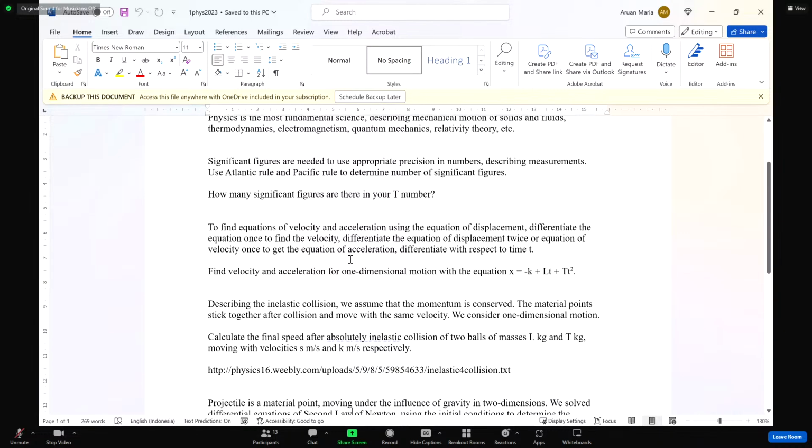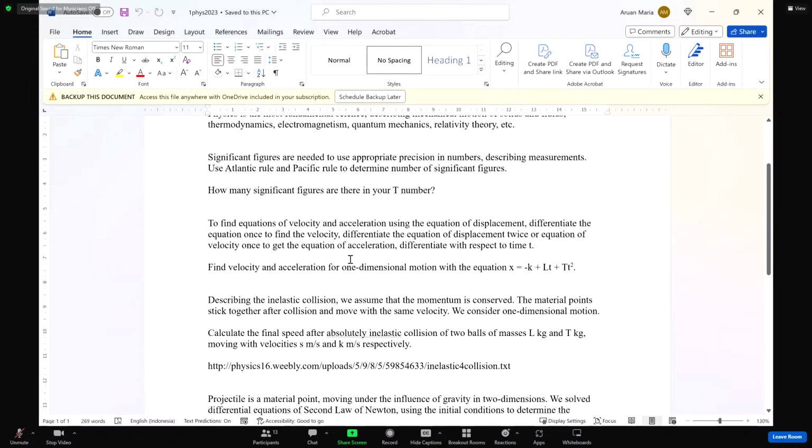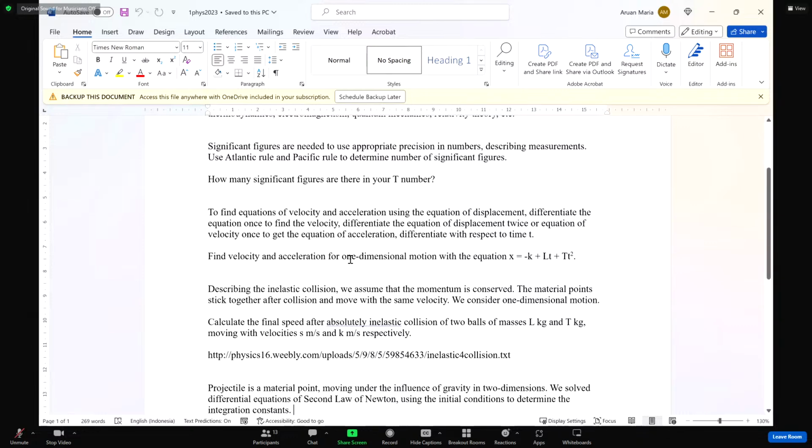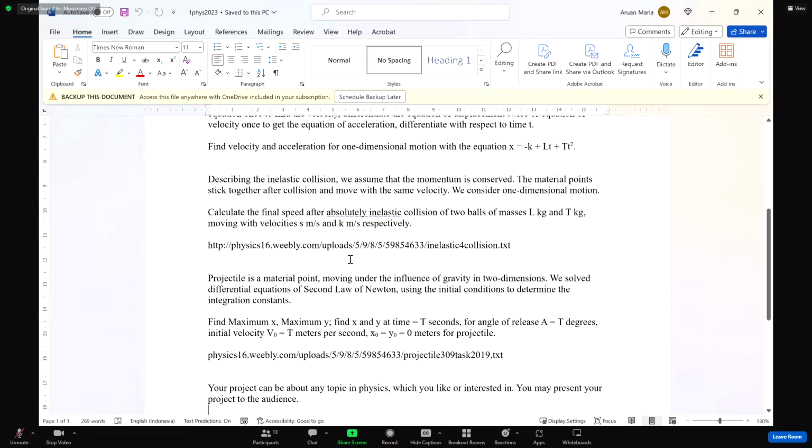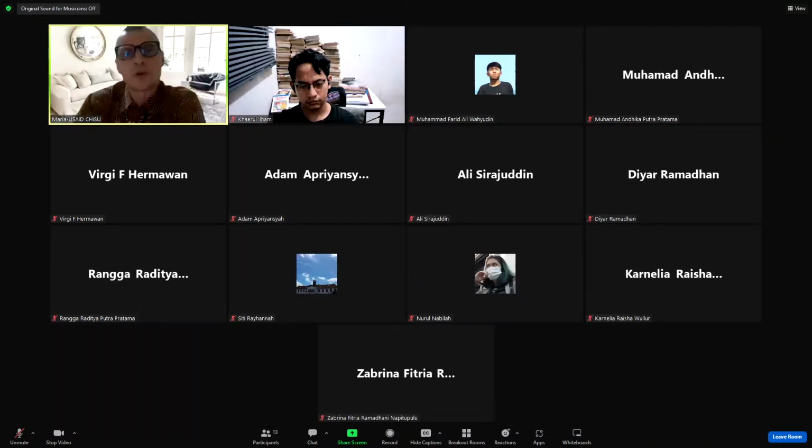We calculate the final speed of an absolutely inelastic collision. We find the velocity and acceleration if you are given the equation of the motion. Then I ask you to do your project, and we solve the projectile problem. So that was the short one. Let us see the second one, which may be bigger.